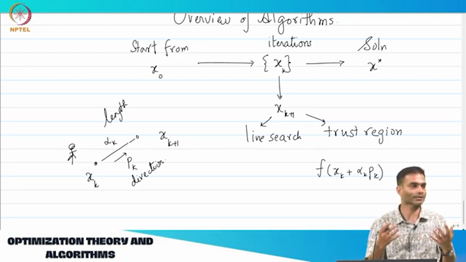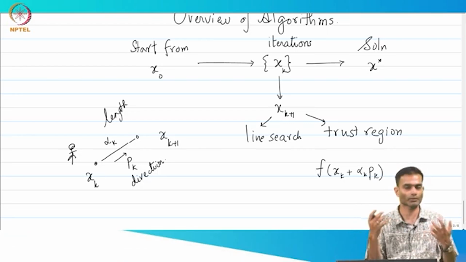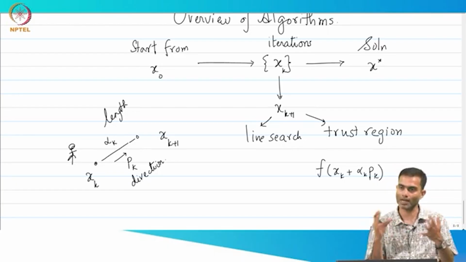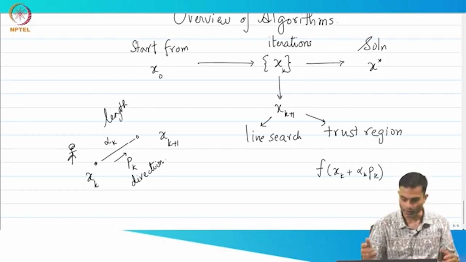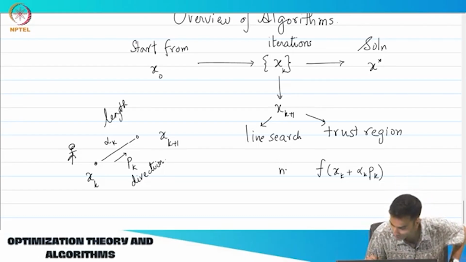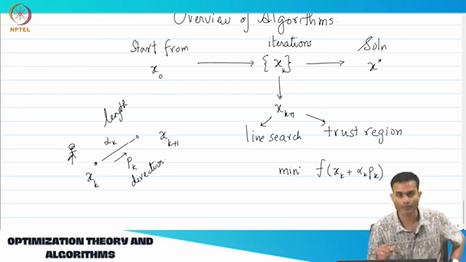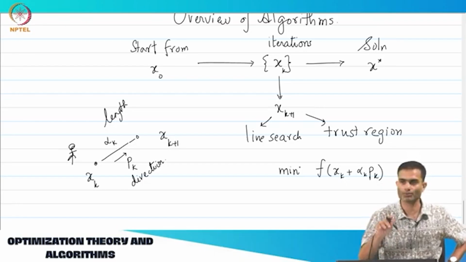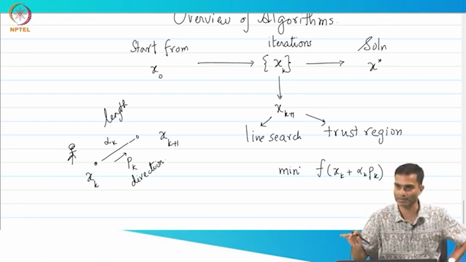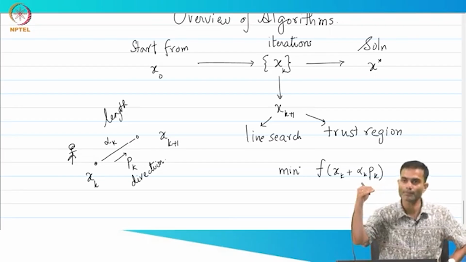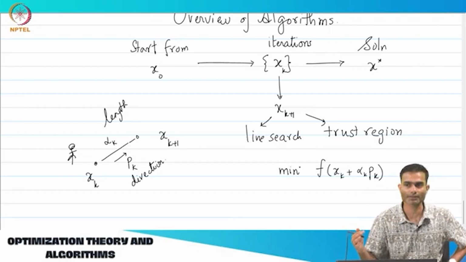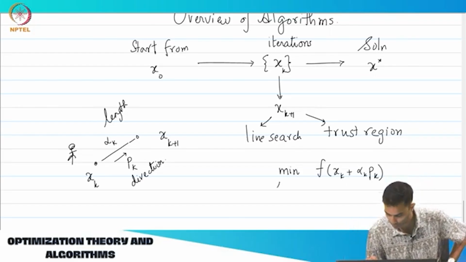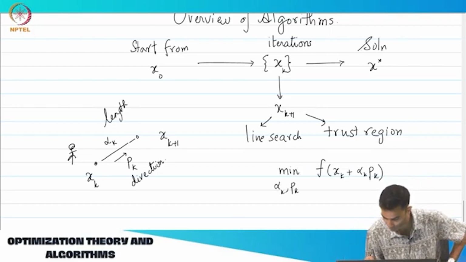So my optimization process is a journey to find alpha k and pk. Those are the variables of my optimization. So I will write this as min, which means minimize whatever is to the right of it. Below the word min, I write the variables of my optimization: alpha k and pk.